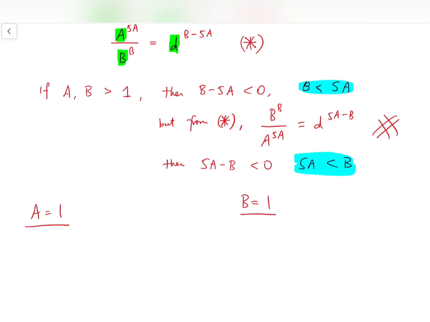For each of the cases, we can simplify our equation star, which is 1 over B to the power of B equals d to the power B minus 5. Now there are two things that this can imply.